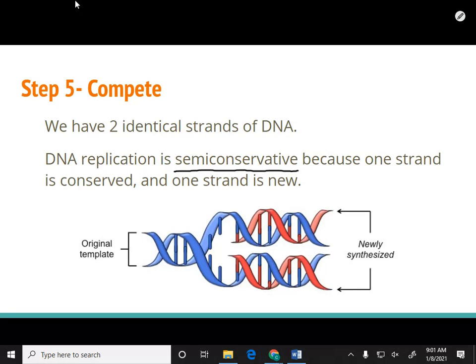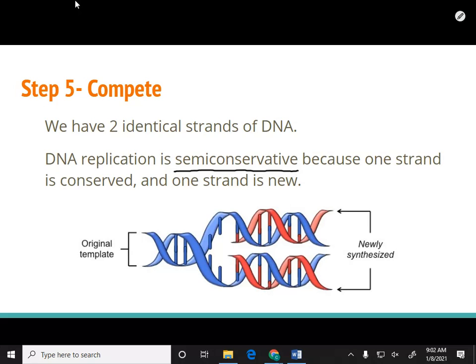The process of DNA replication is considered semi-conservative because one strand of our DNA is conserved and one strand is brand new. So whenever we had our original strand of DNA and it was split in half, once we build our new strand of DNA, it's going to be half old and half new.